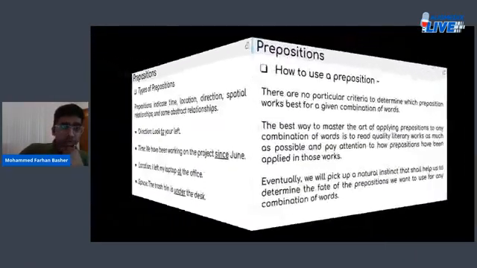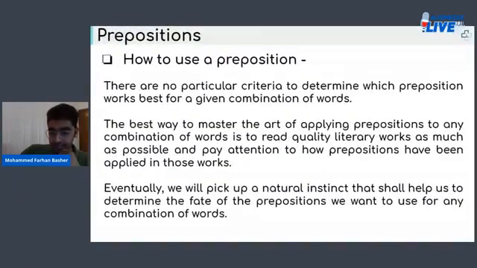Now, how to use a preposition? This slide is interesting. Let's see what we have here. Let's pay some good attention to this particular slide. There are no particular criteria to determine which preposition works best for a given combination of words.